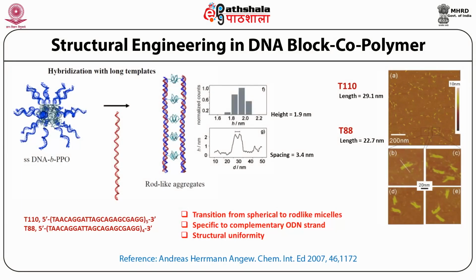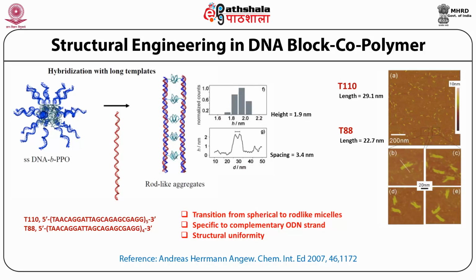Interestingly, when we take a longer template, the red strand, which is much longer in comparison to the blue strand which is 22 mer, we take either 110 mer or 88 mer. The strand with 110 mer, T110, has 5 segments which are complementary to the single stranded blue DNA.